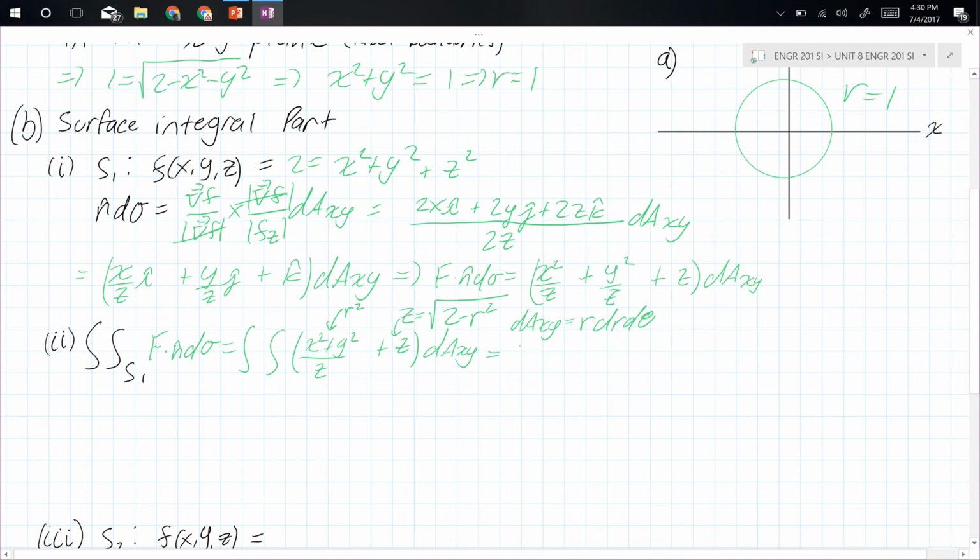So then this would equal the double integral of r squared over the square root of 2 minus r squared, plus the square root of 2 minus r squared, dA. Oh, sorry, r d theta.